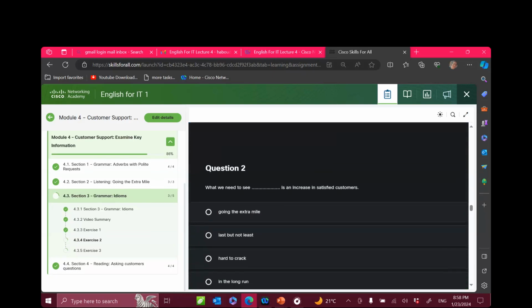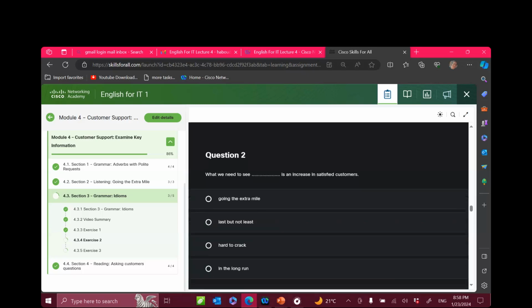Okay. Question number 2. It says what we need to see is an increase in satisfied customers. What do you think? What do we need to see? Going the extra mile, or last but not least, or hard to crack, or in the long run?